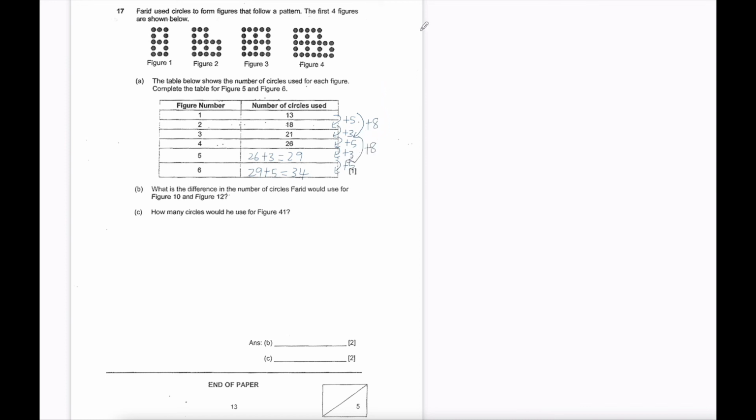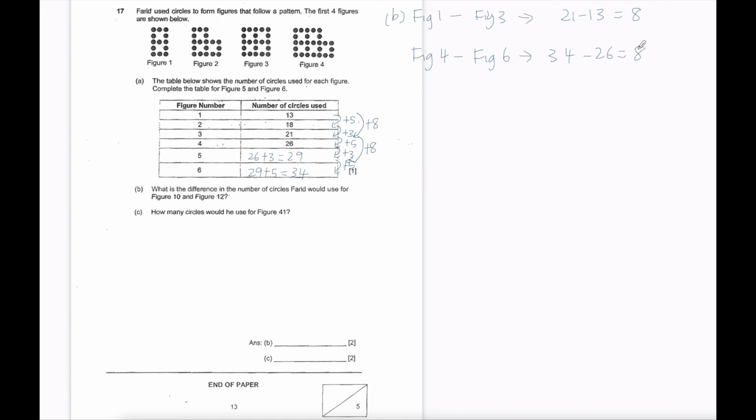Okay? So I'm going to write it here, so that you guys can see properly. So from figure 1 to figure 3, what you are seeing here is 21 minus 13, which is 8. Okay? So from figure 4 to figure 6, what you're actually seeing here is also a difference of 8.